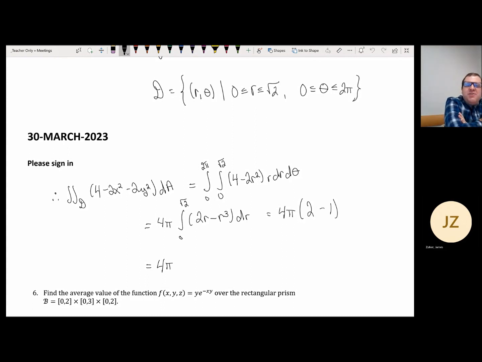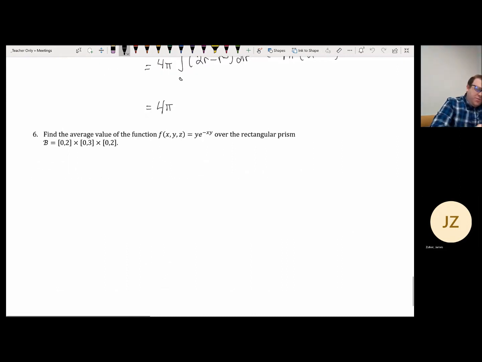Find the average value of y e to the negative xy over the rectangular prism 0 to 2 cross 0 to 3 cross 0 to 2.